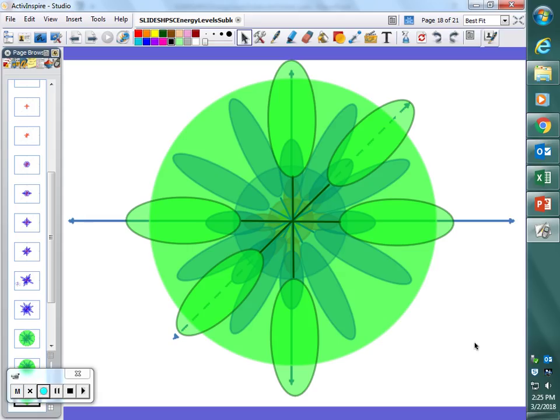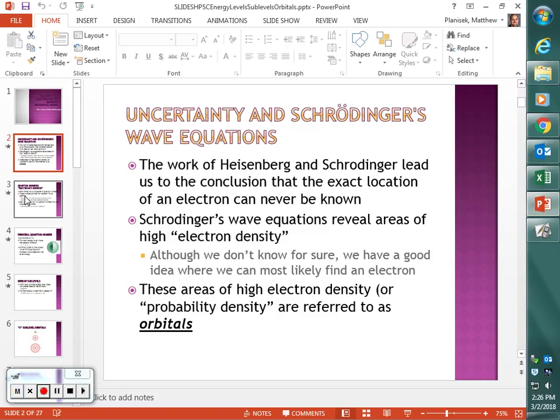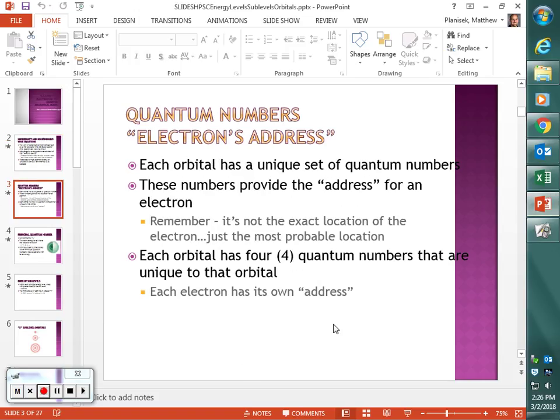And 2, we'll find this out a little bit more next week, just because these are orbitals, areas of high probability, some have higher probability than others. And we'll talk about that more next week. So how do we distinguish all these orbitals from each other? We use, well, on our drawing we use colors, but we assign a set of numbers to each orbital. And we call those numbers the quantum numbers.